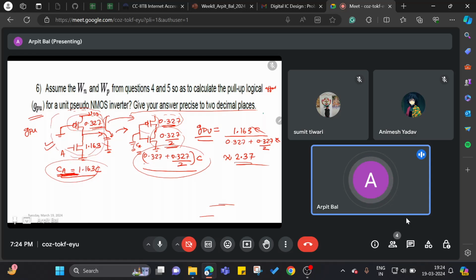Here we can see that the A signal is connected to NMOS only and not to the PMOS, so our CA is 1.163C. From the reference inverter, we can find the CA as 0.327 plus 0.327 by 2, which represents the NMOS and PMOS gate capacitance. Then you take the ratio of these two, and that will give you the logical effort.